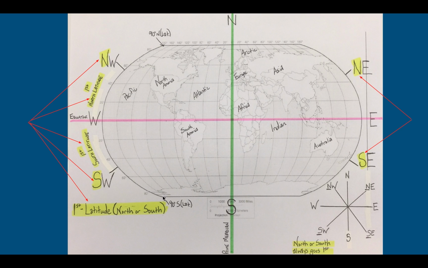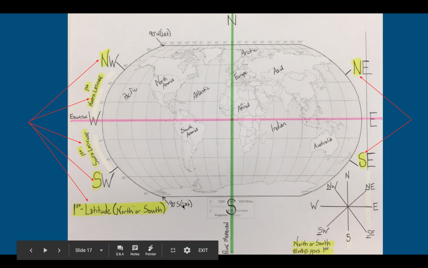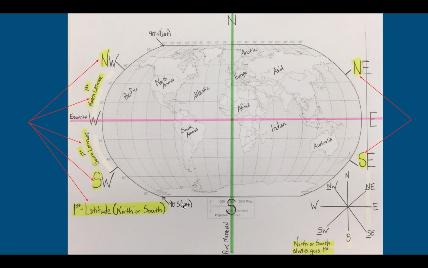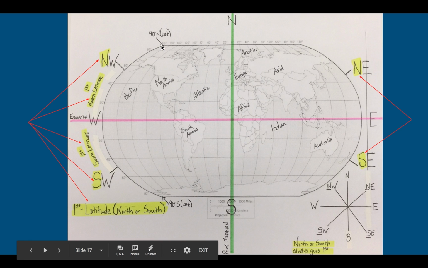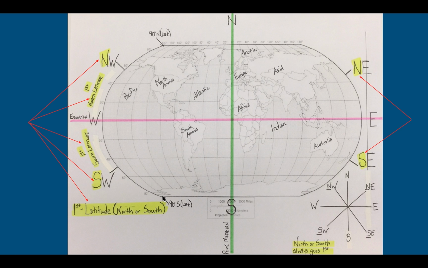Then I want you to focus at the very, very bottom in the corner, and write down 90 degrees south, and then in parentheses, LAT, once again standing for latitude. Now those numbers aren't on your map, but you need to know that latitude goes from 0 to 90.